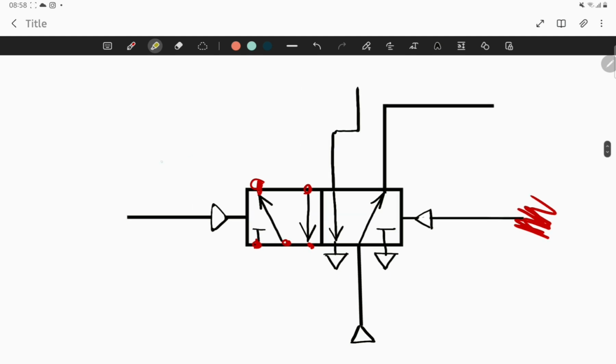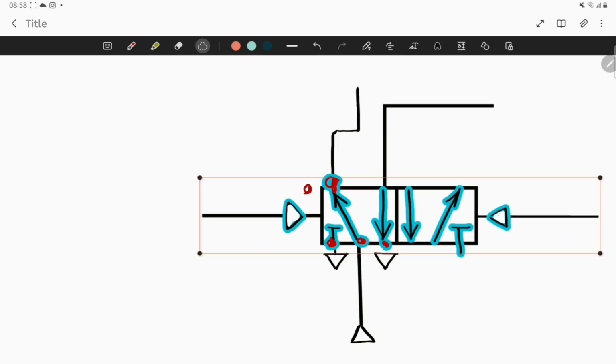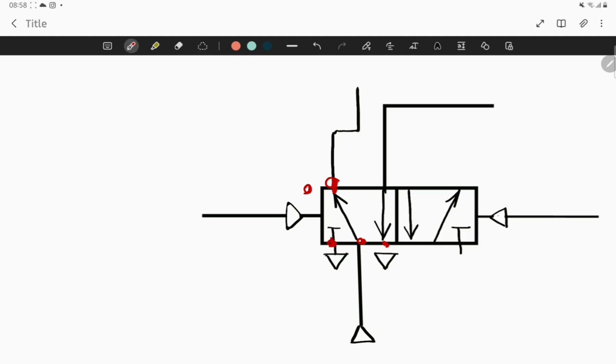And what happens when you commute here, you apply pressure here, and then it just shifts this way. When it shifts like this, your pressure will come directly on the left side and your right side will not be used.